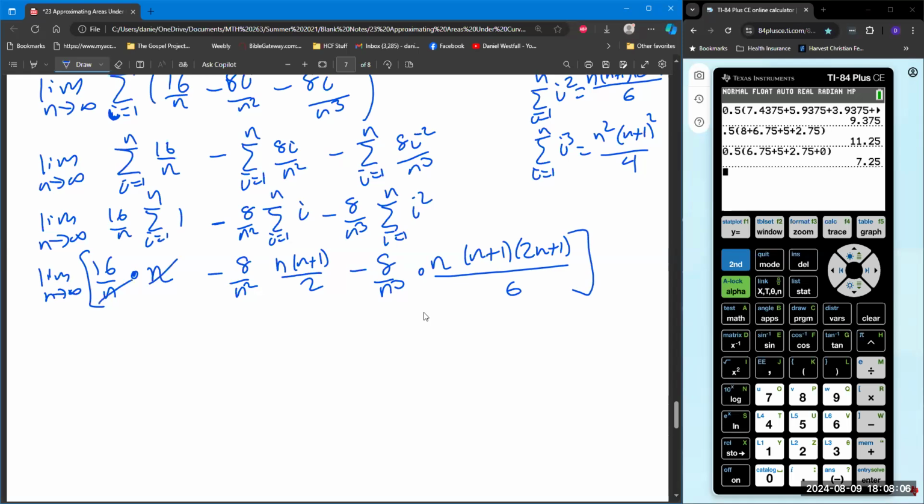This is going to be 16 minus 4n squared minus 4n over n squared.